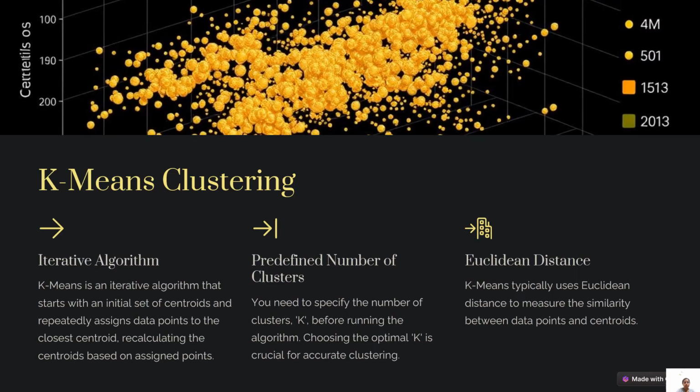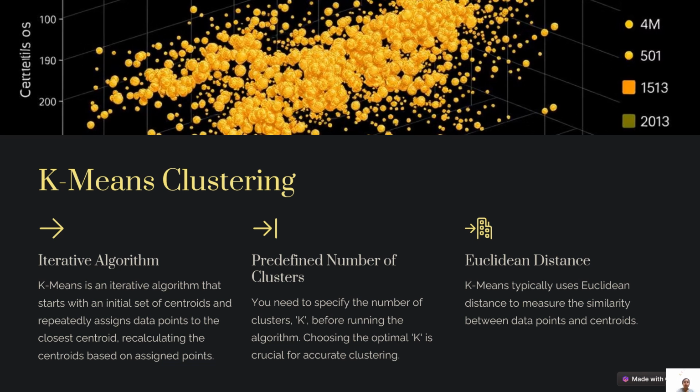K-means clustering, an iterative algorithm. K-means is an iterative algorithm that starts with an initial set of centroids and repeatedly assigns data points to the closest centroid, recalculating the centroids based on assigned points. Predefined number of clusters: you need to specify the number of clusters k before running the algorithm.